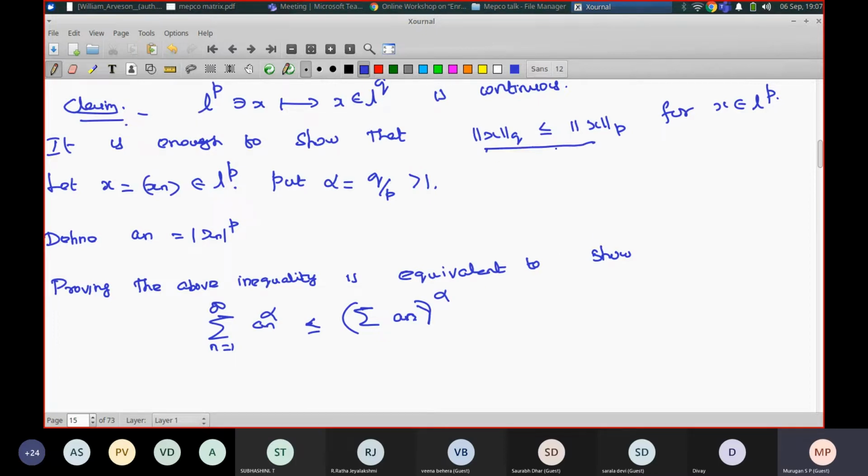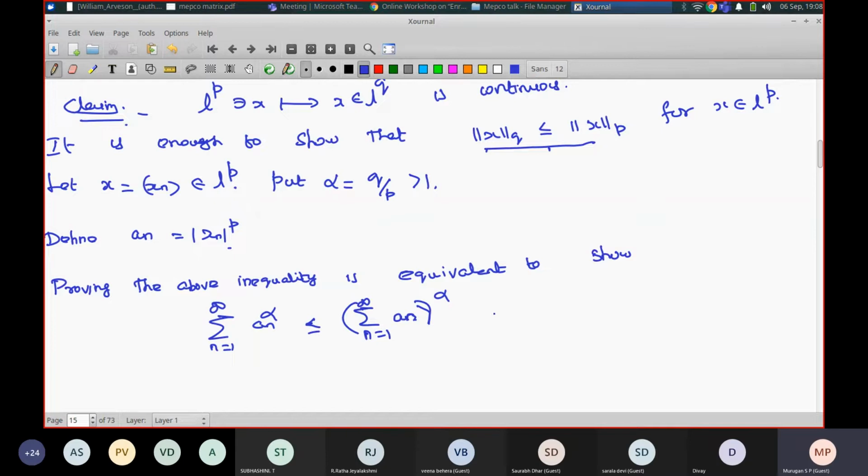If you replace xn by an in this norm inequality, it is equivalent to show that summation n equal to 1 to infinity an power alpha is less than or equal to summation n equal to 1 to infinity an, the whole power alpha.